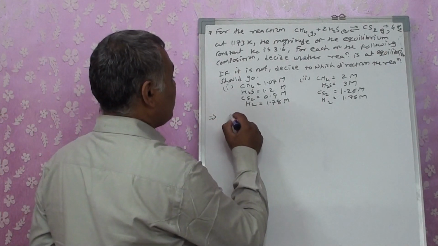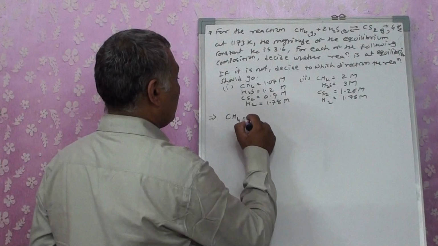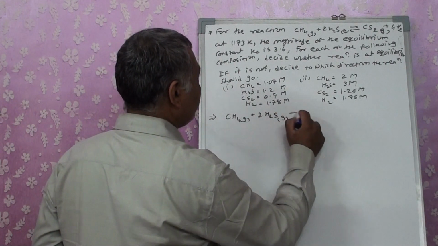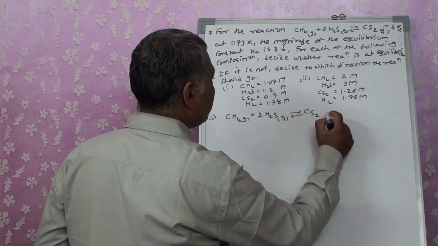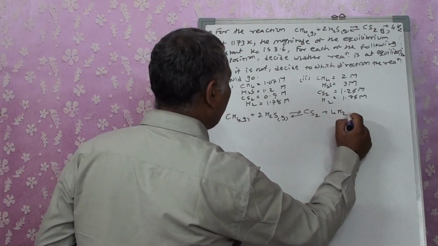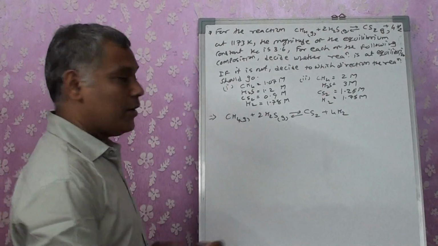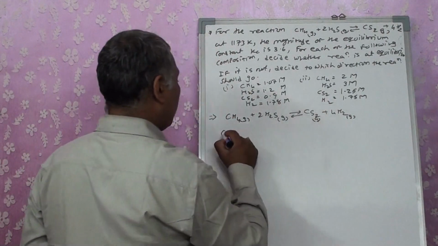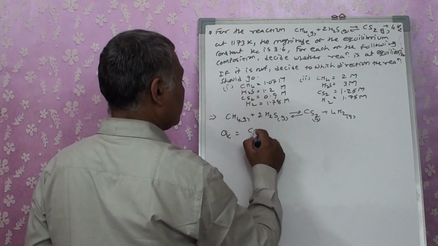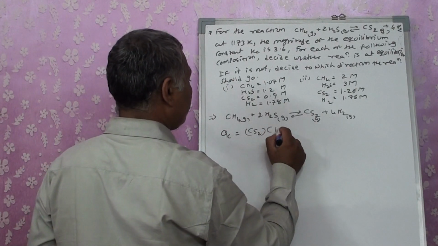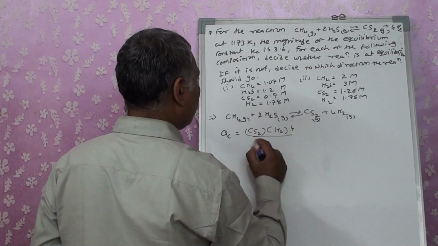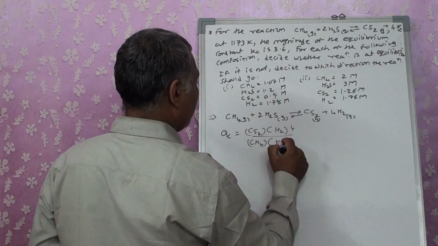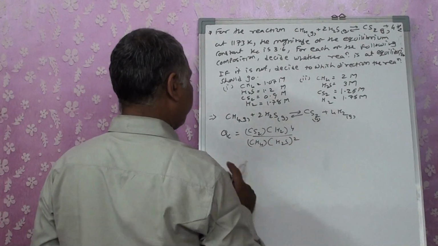Now the reaction is given to us: CH4 plus 2H2S gives CS2 plus 4H2, right? Here all these components are in the gaseous state, so we will get Qc equals CS2 times H2 to the 4, divided by CH4 times H2S whole square.